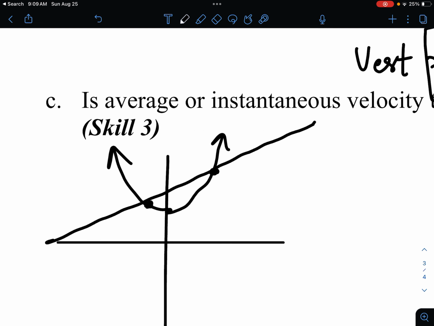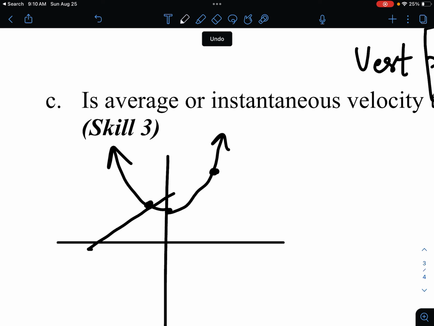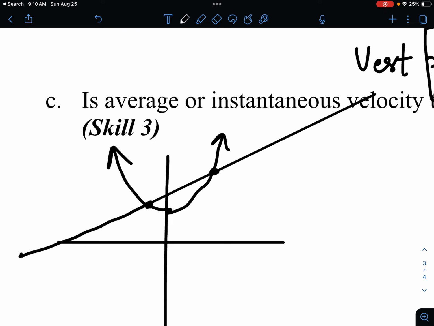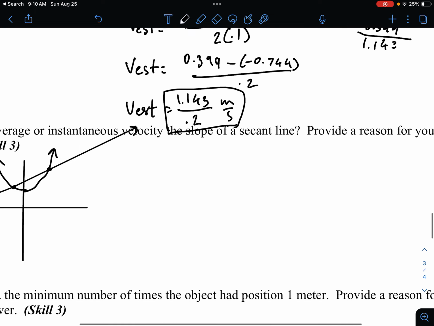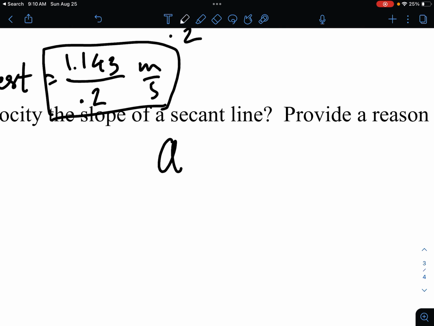And I'll say right here. I should do it better. I don't know how to draw these things. There we go. That's better. So the way I would explain this is average is secant line.